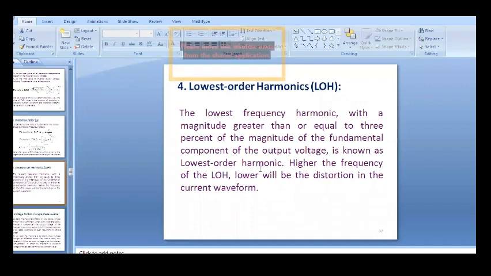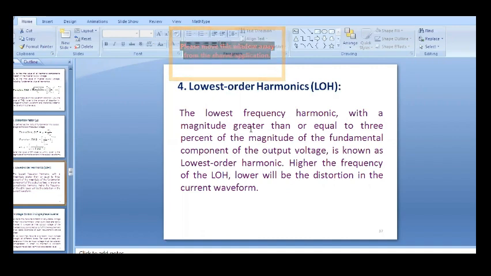All these parameters that you have seen, the nth harmonic component, the total harmonic distortion, the distortion factor, and the lowest order harmonic, are all associated with each other. These are the performance parameters of the inverter, whatever you have done from your single phase half bridge inverter and full bridge inverter.